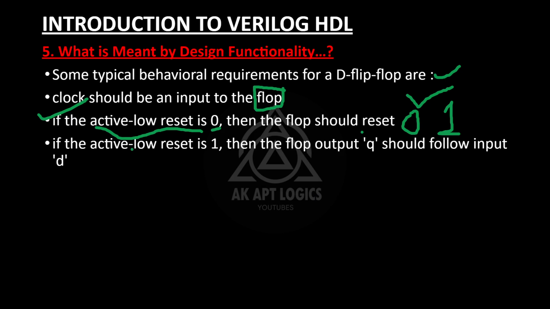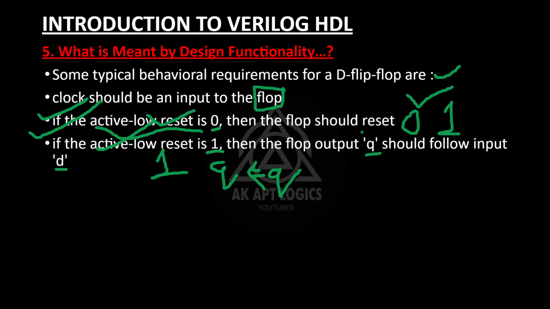If the active low reset is 1, then the flop output Q should follow the D. It means whenever the reset is 1, Q will equal D. So this is also a functionality, another functionality of the D flip flop. This is one functionality. This is another functionality.